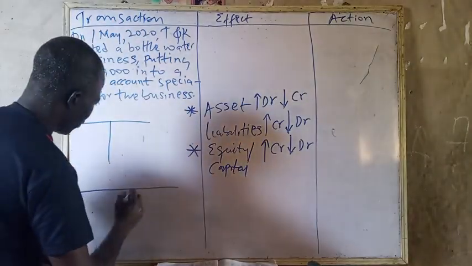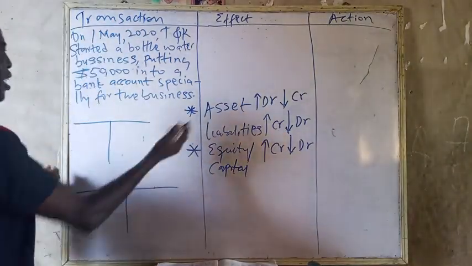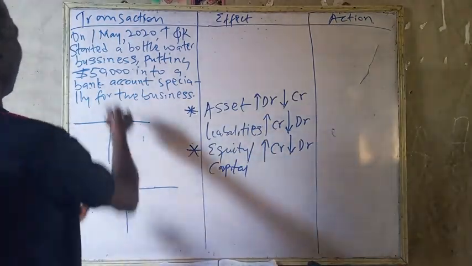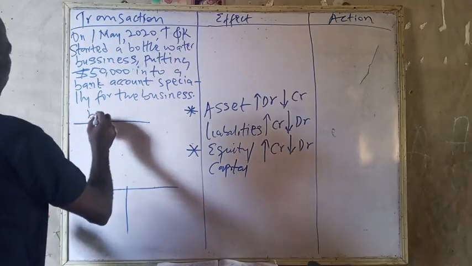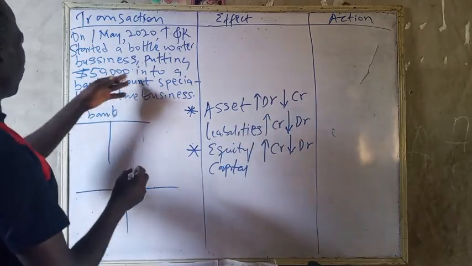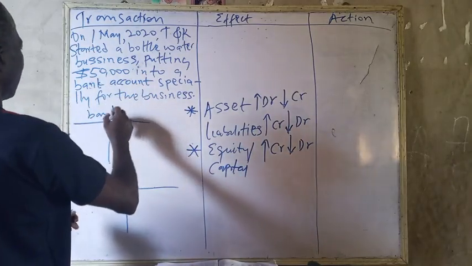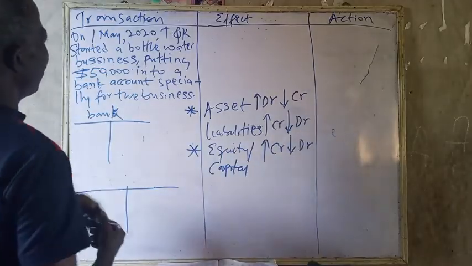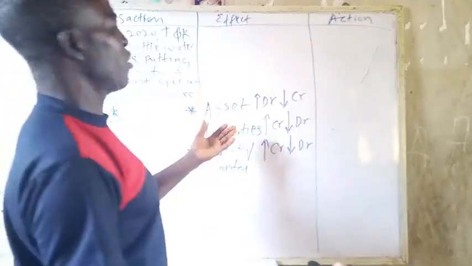Assuming this is an asset account, let's say bank. You put money into what? Into a bank account. What is the meaning of the increase?